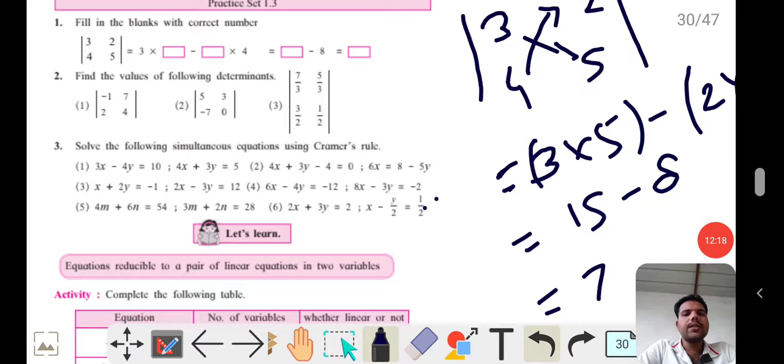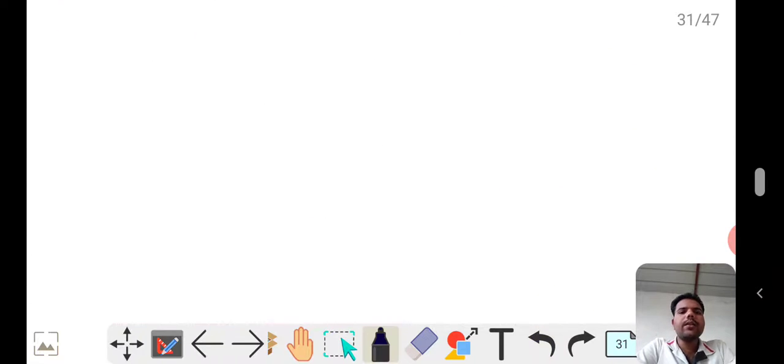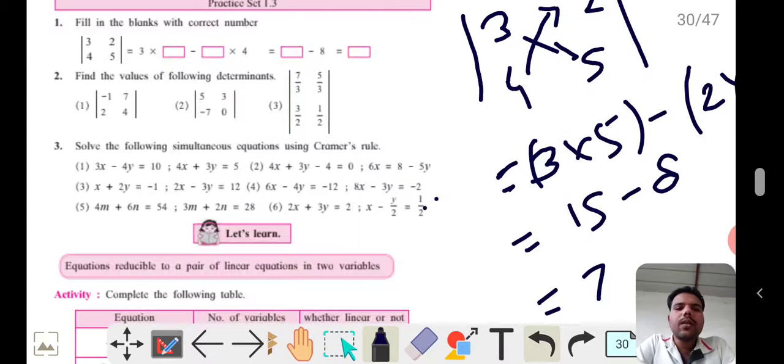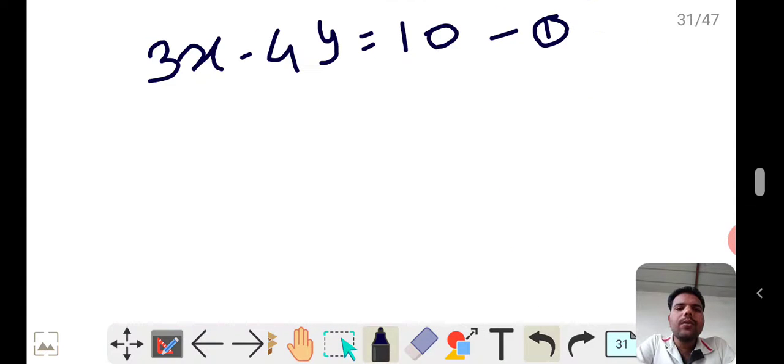Let's see example number 1: 3x minus 4y is equal to 10 and 4x plus 3y is equal to 5. So this is equation number 1, 3x minus 4y is equal to 10, and the second is 4x plus 3y is equal to 5.